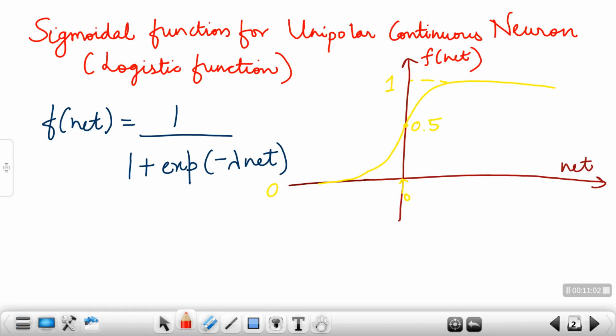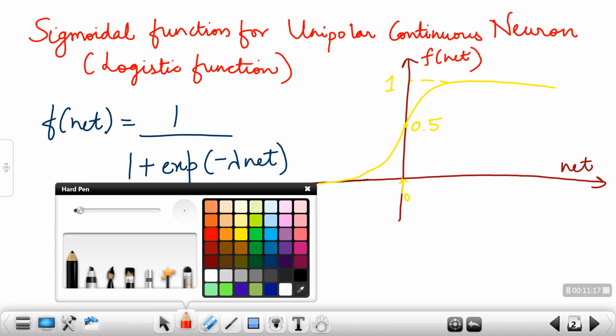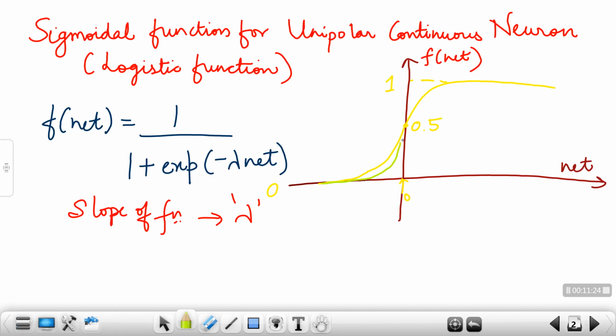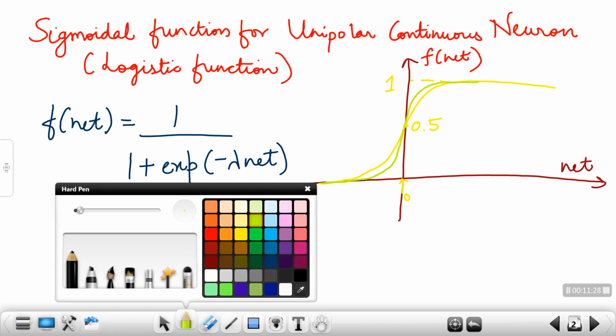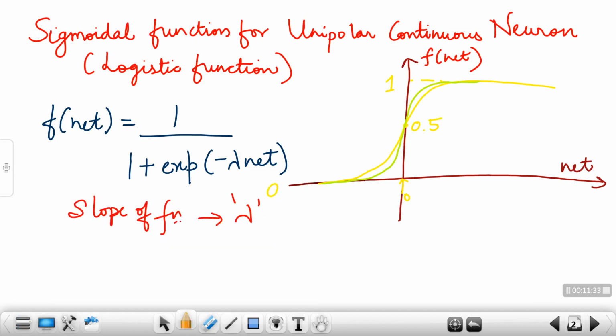Now the slope of this function varies with the value of lambda. If lambda is equal to 1, maybe we get this particular shape. If lambda is equal to 2, we may get some other shape, as the slope will change.